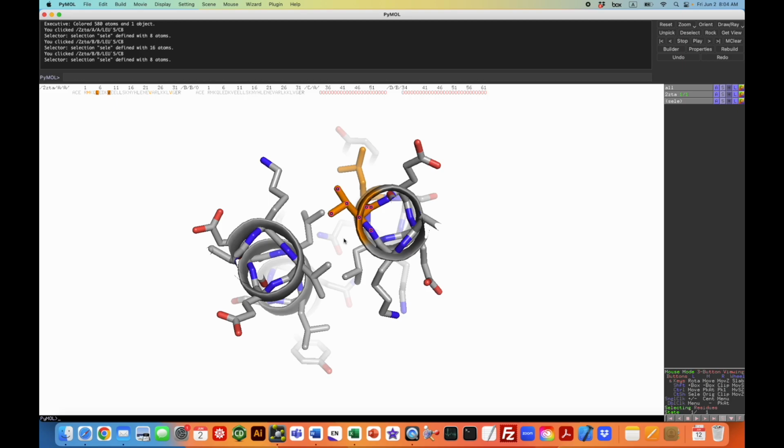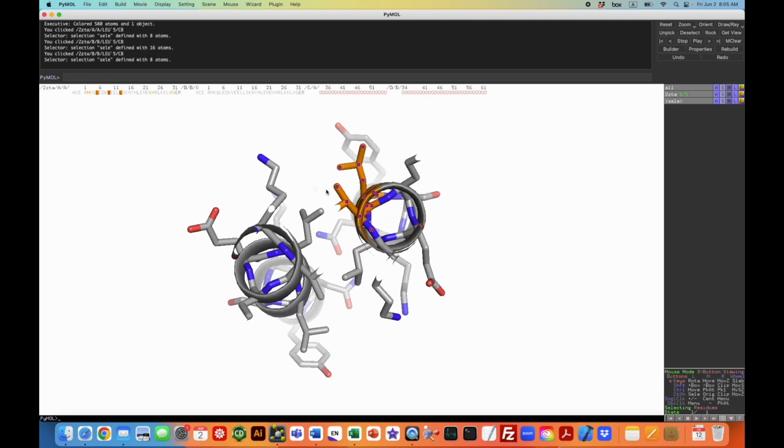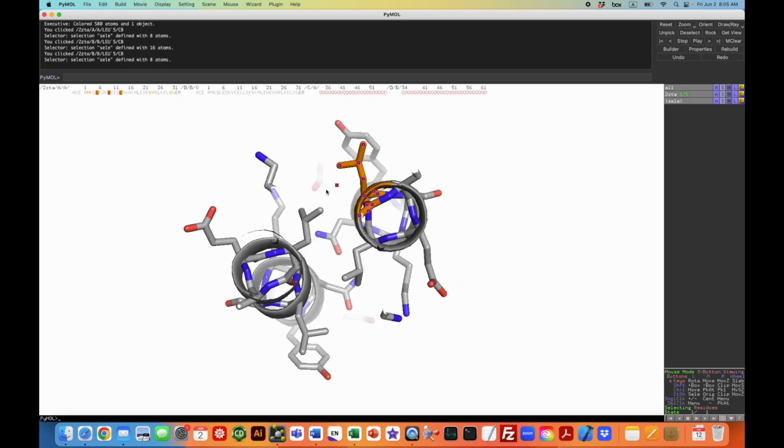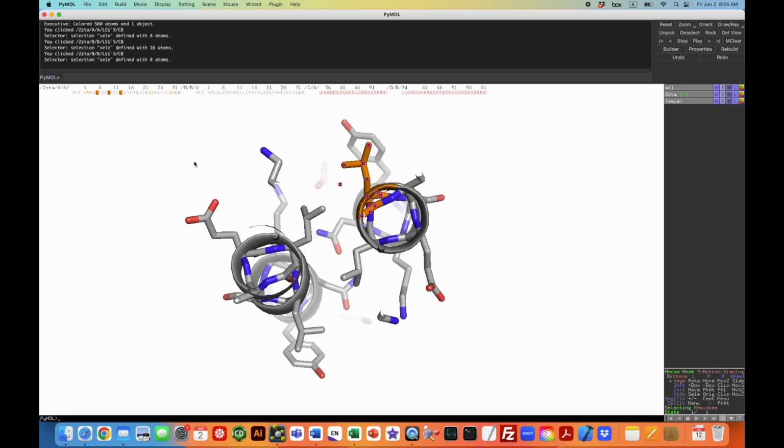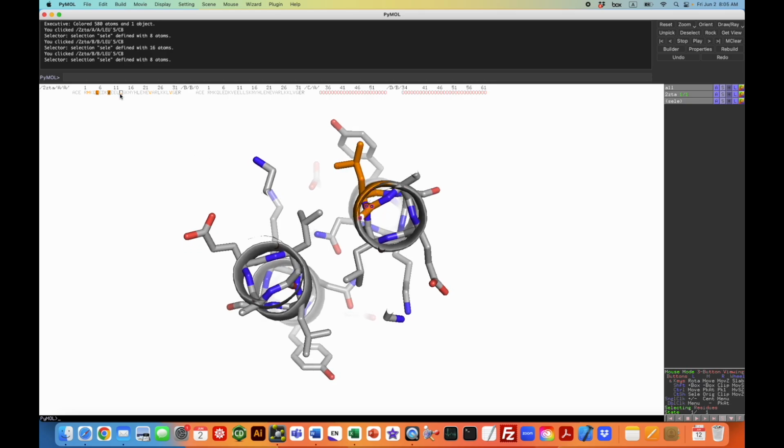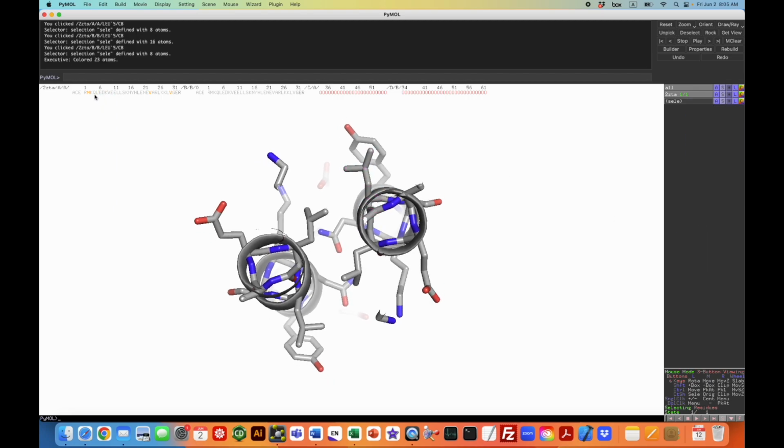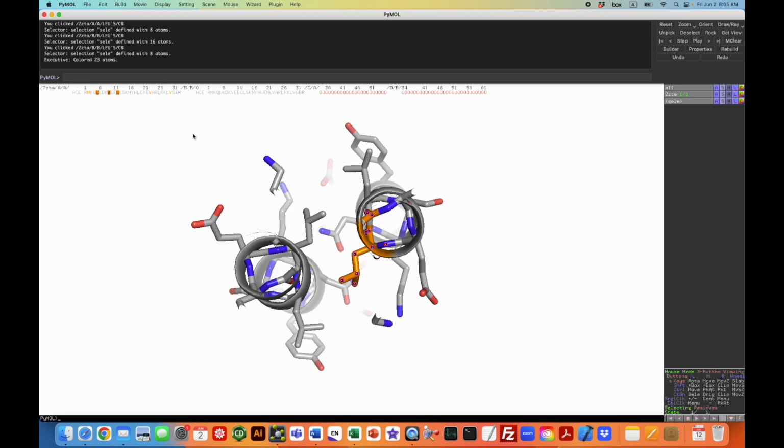And then we count another 1, 2, 3, 4 amino acids beyond that, and you have another leucine, and so on.